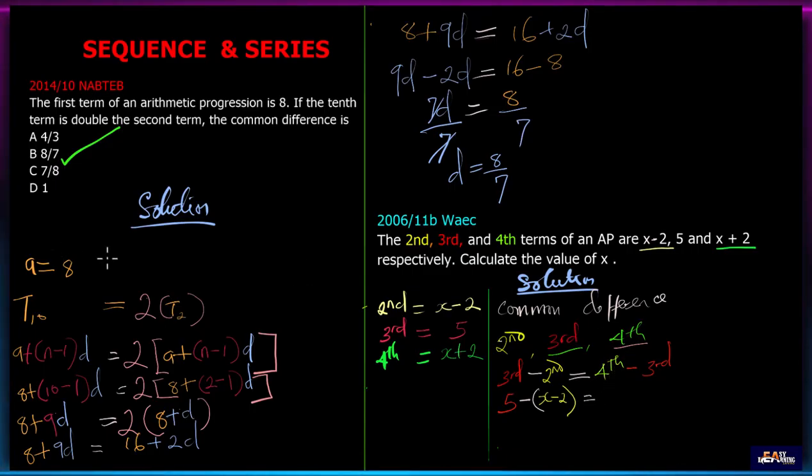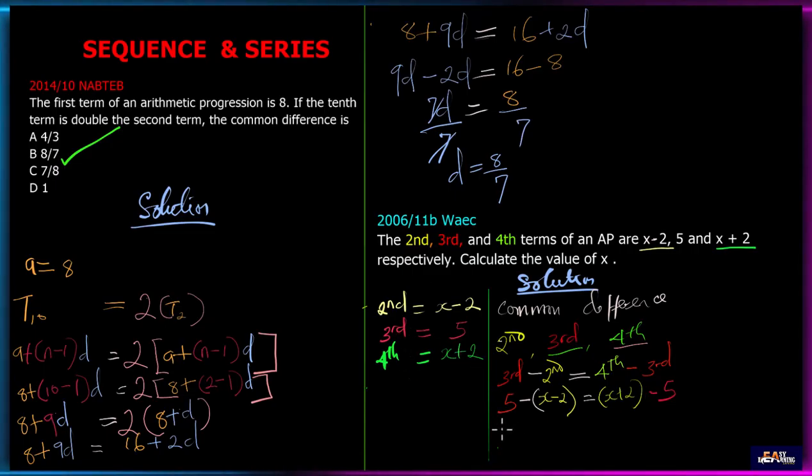It must be the same thing if we find it the other way around. The fourth term here is x plus 2, so we subtract it from the third term, 5 minus (x plus 2). Now we need to open the bracket.